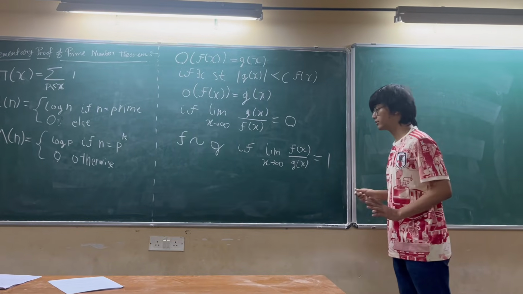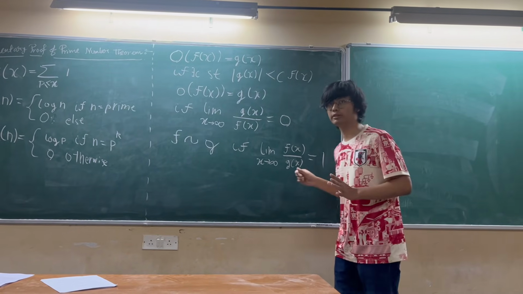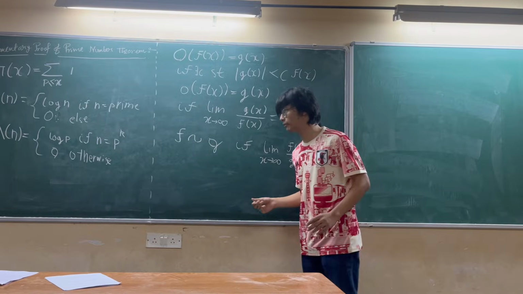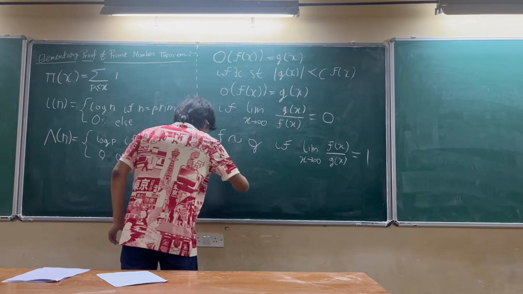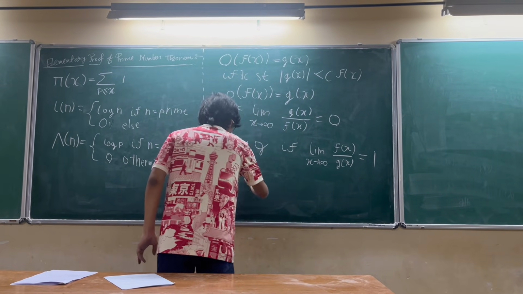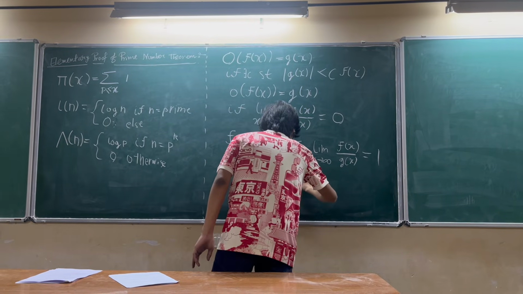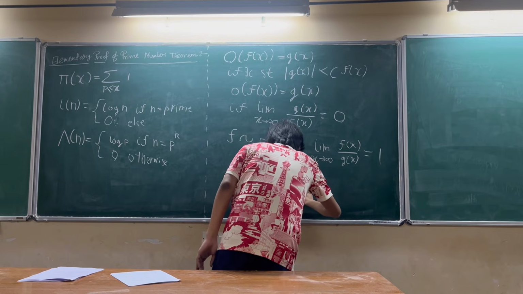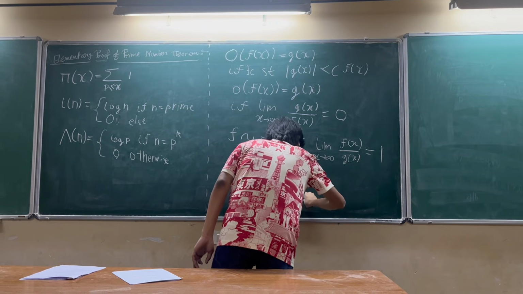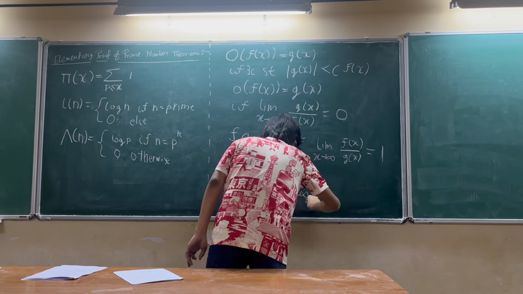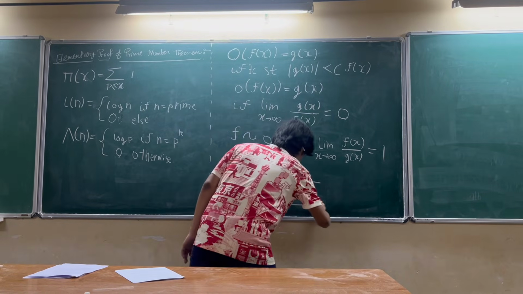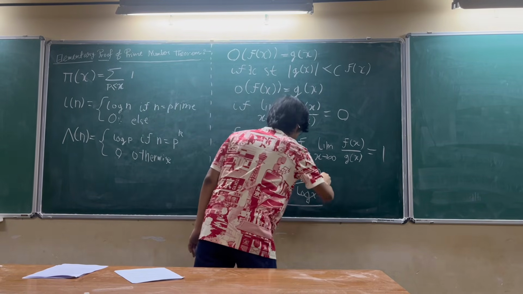We'll be using this notation a lot, so keep it at the back of your mind. And the prime number theorem says that pi of x is asymptotic to x by log x. So this is what we eventually want to prove by the end of this talk.